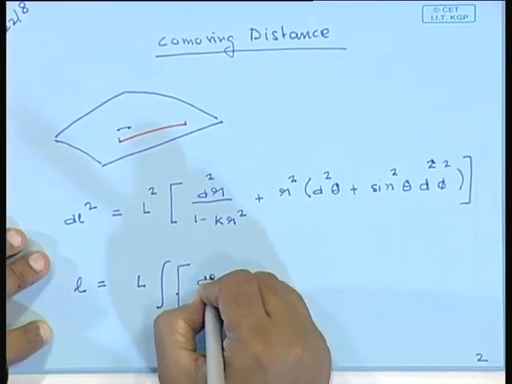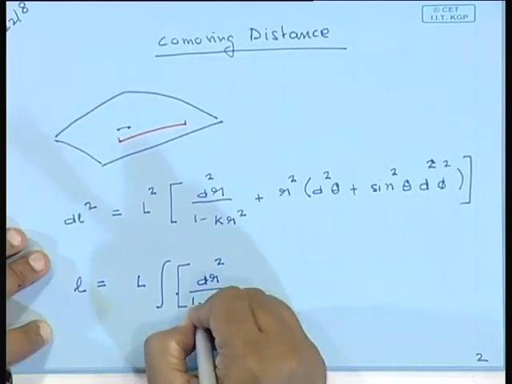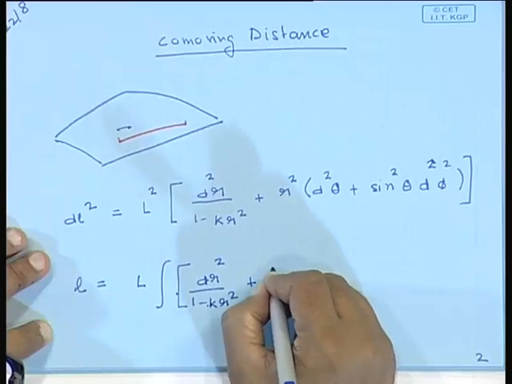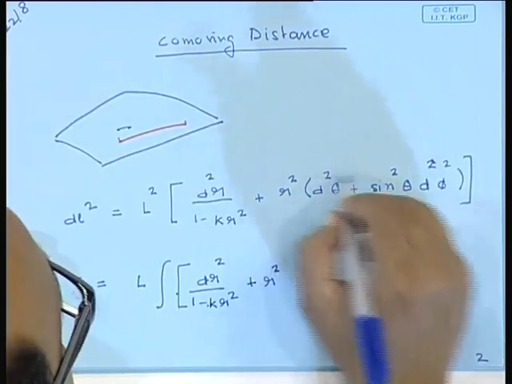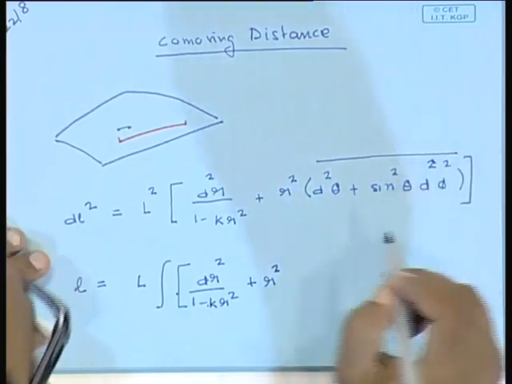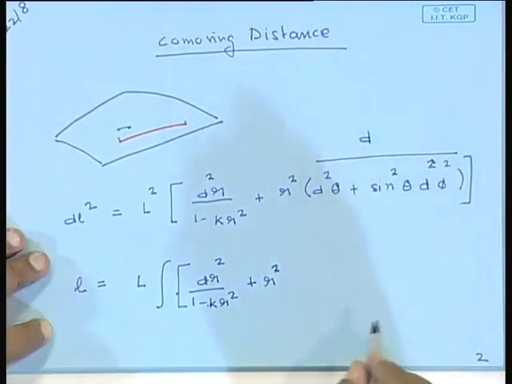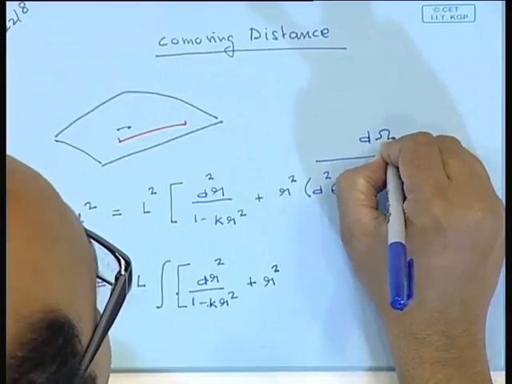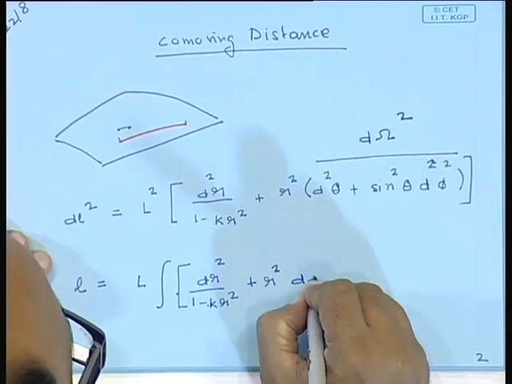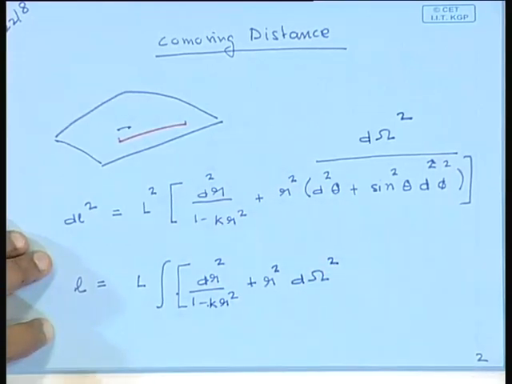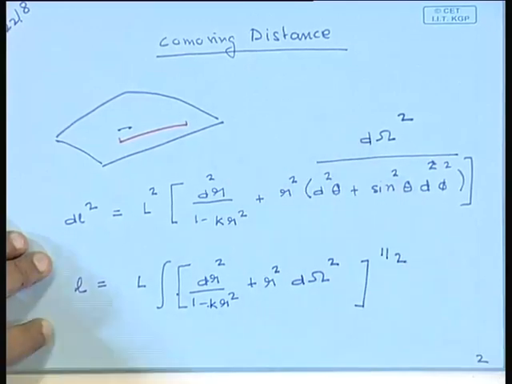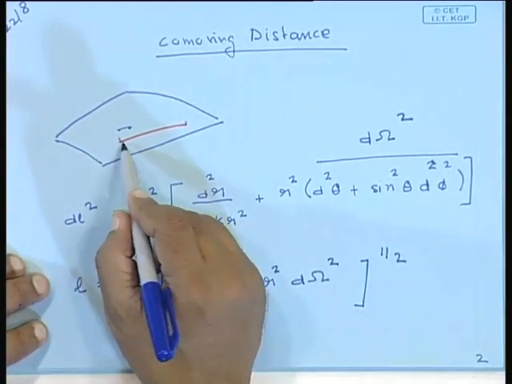So, dr square by 1 minus k r square plus r square, and instead of repeating it every time, since it takes time to write, we can call this d omega square. So, plus r square d omega square, this is the separation in angle. So, we have to integrate the square root of this between these 2 points.